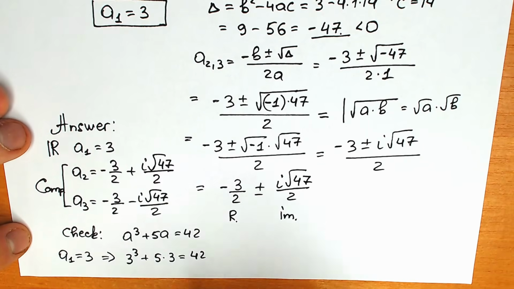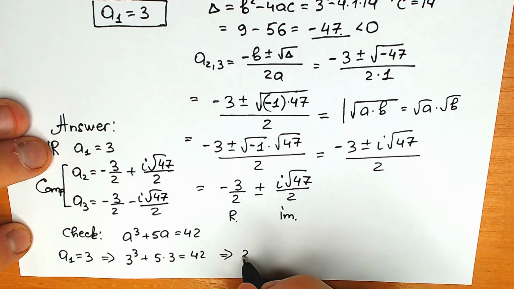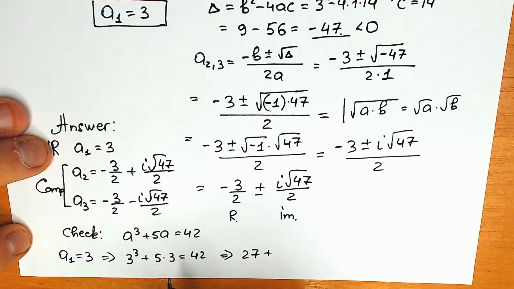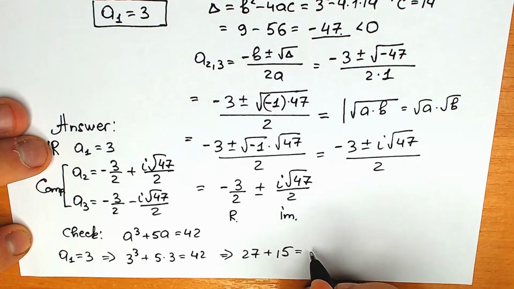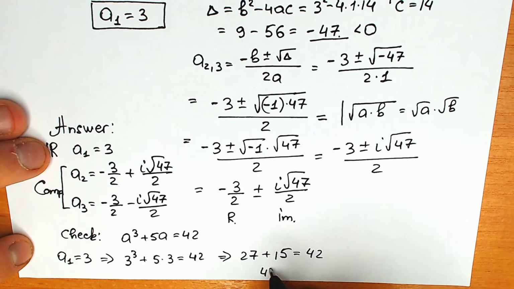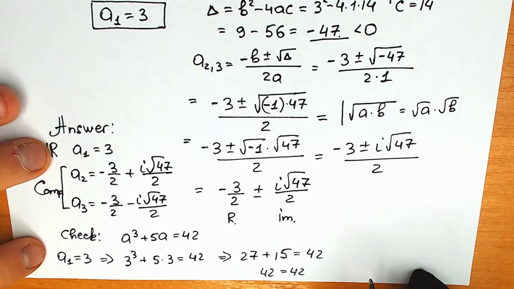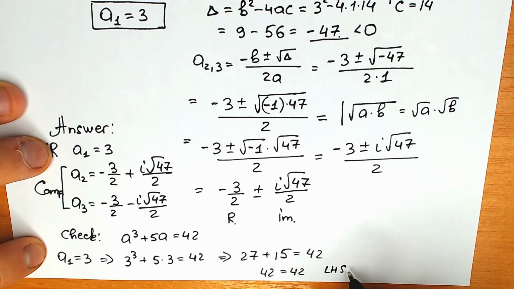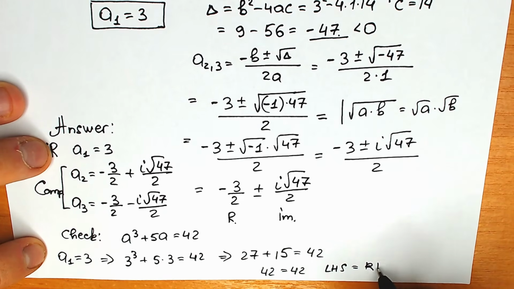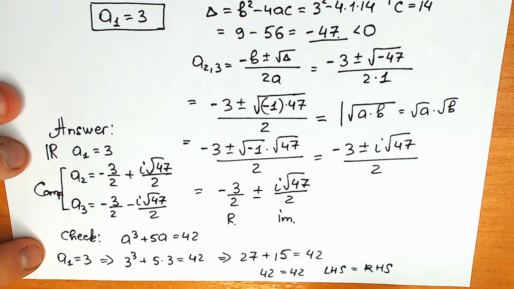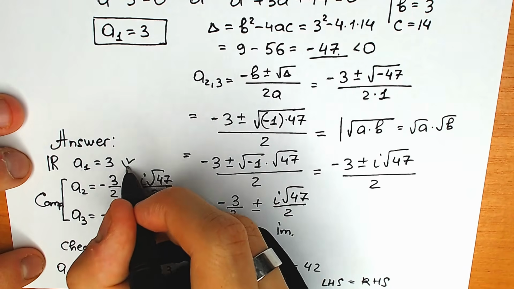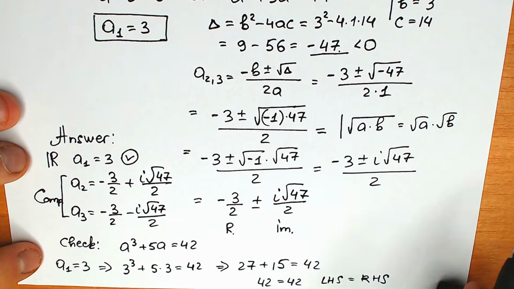So 3 cubed equal to 27, of course. We have 27 plus 5 times 3, equal to 15, equal to 42. And we have 27 plus 15 equal to 42. So 42 equal to 42. So our left-hand side equal to right-hand side, which means that our root is great. Our root is absolutely correct.